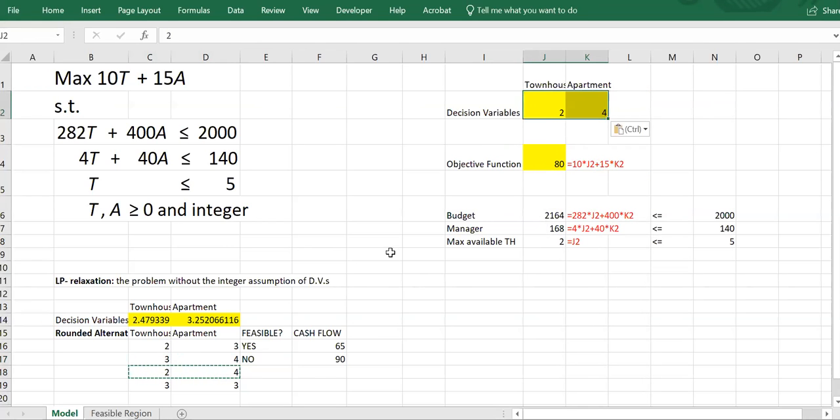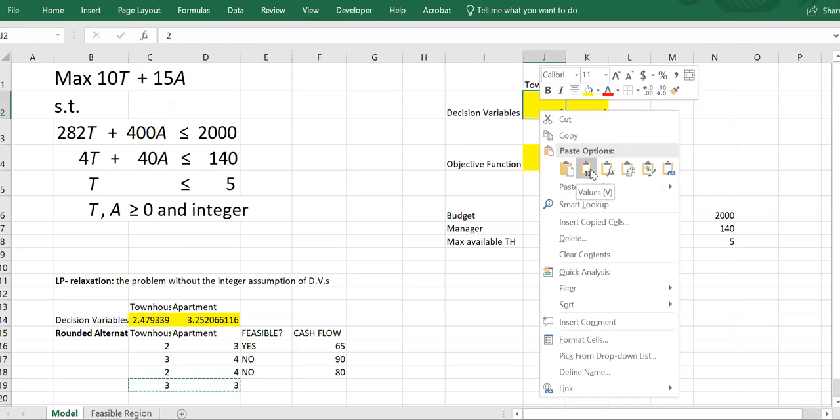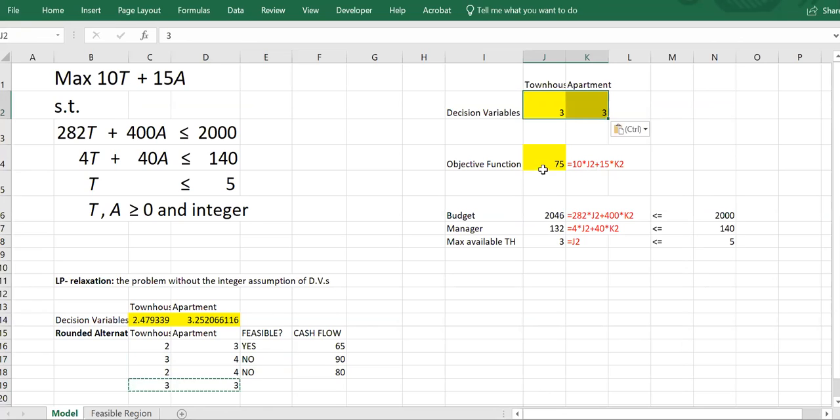2 and 4, it's going to lead to a cash flow of 80 if possible, but still we are violating 2 out of 3 constraints. So it's, again, not feasible. And then for the last alternative, 3 and 3, the cash flow is going to be 75.